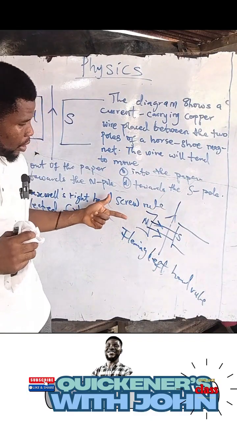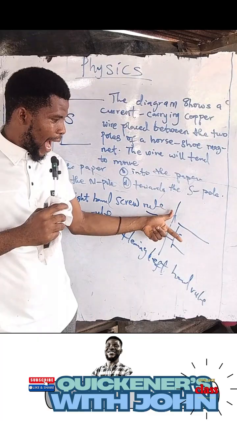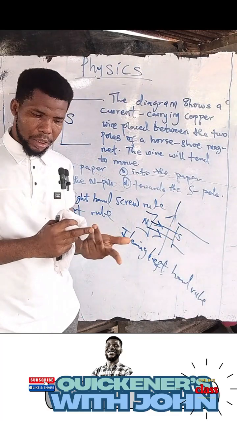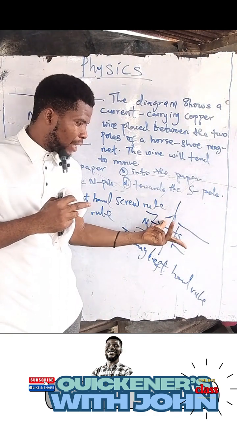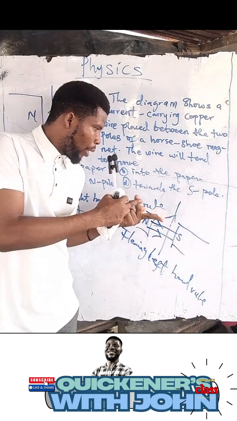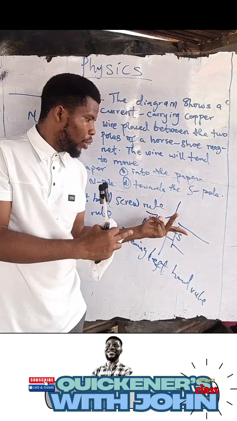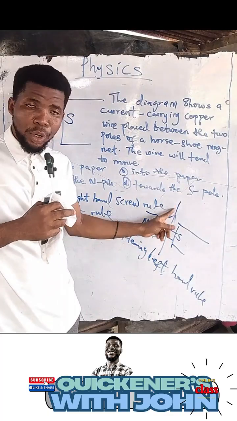The first finger points this direction, and your middle finger points upward. So this way and upward. So this one points upward, this one goes outward, so your thumb goes this side. So the motion of this copper wire will go inward.